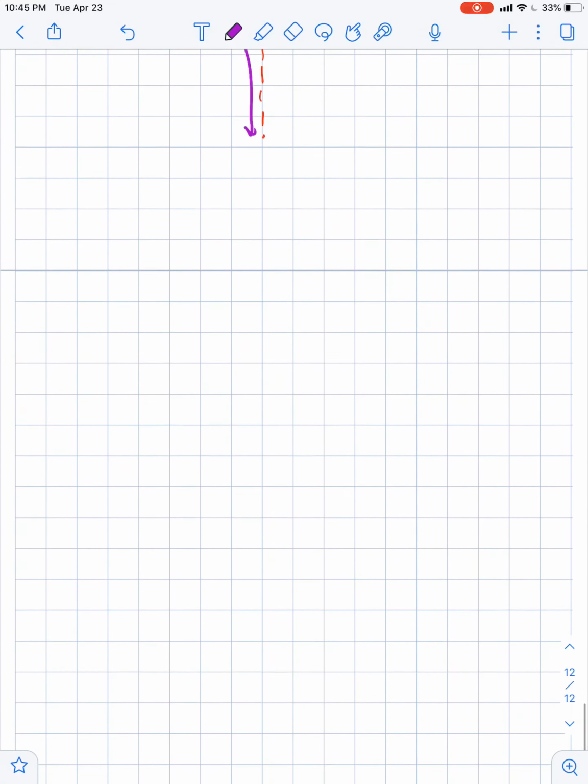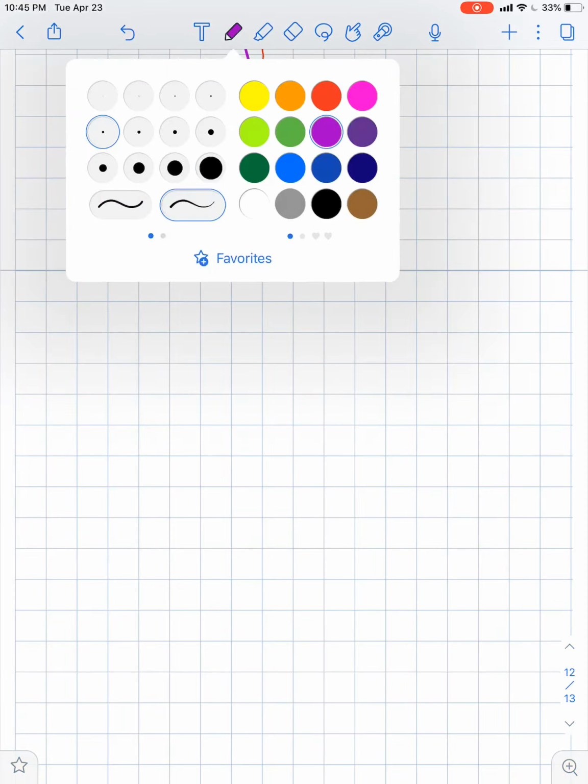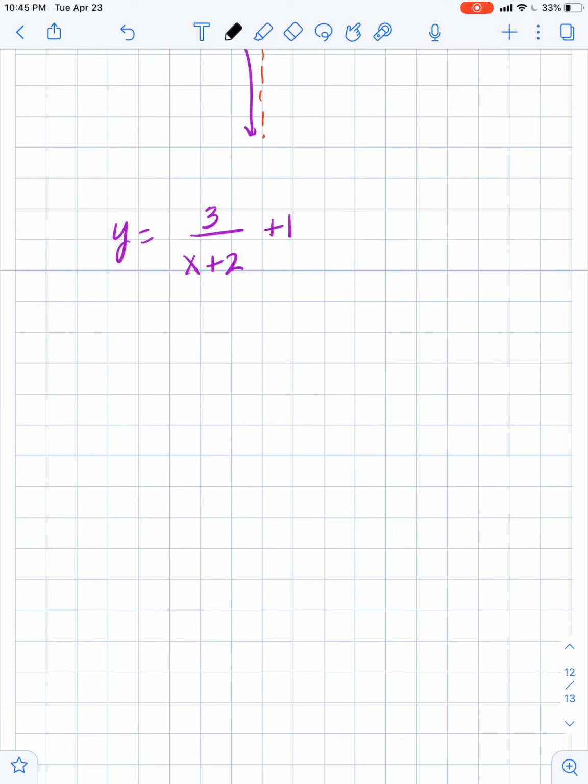One more of these. So y equals, I'm going to put 3 over x plus 2 plus 1. So take a look at that. So my first question is vertical asymptote. On my x, how much did I move my x value and in which direction?